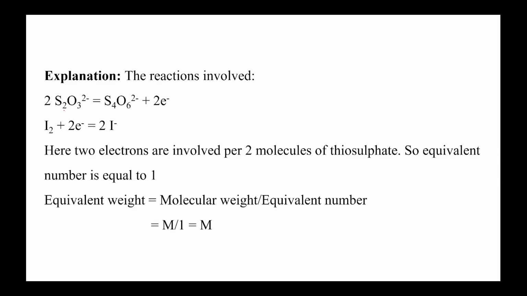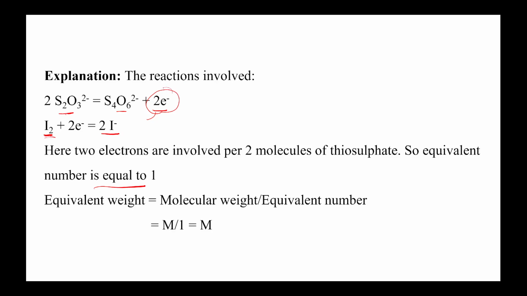When sodium thiosulfate reacts with iodine, sodium thiosulfate is oxidized to tetrathionate, and 2 electrons are released. These 2 electrons are given to iodine to form iodide ions. So 2 electrons are involved per 2 molecules of thiosulfate. That means one molecule of thiosulfate is going to release 1 electron. So the equivalent number is equal to 1.